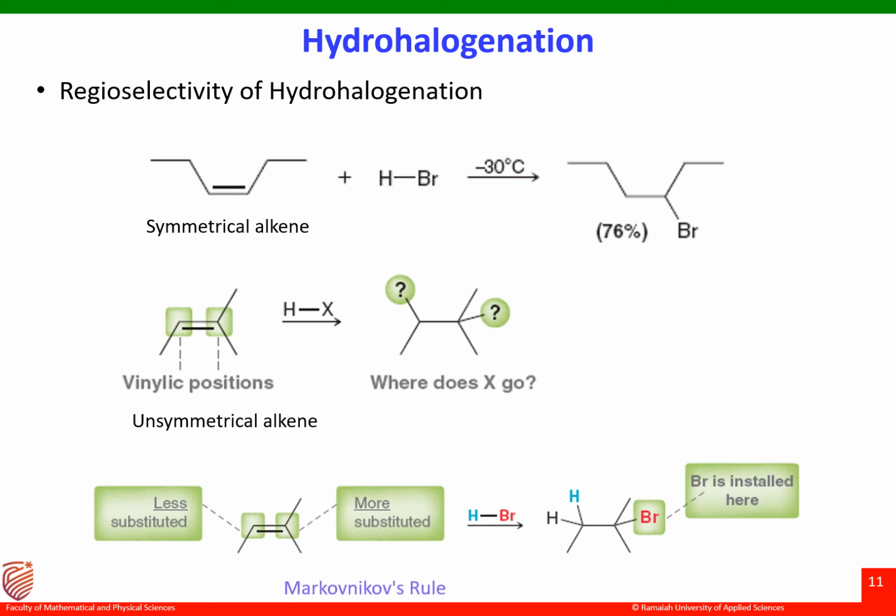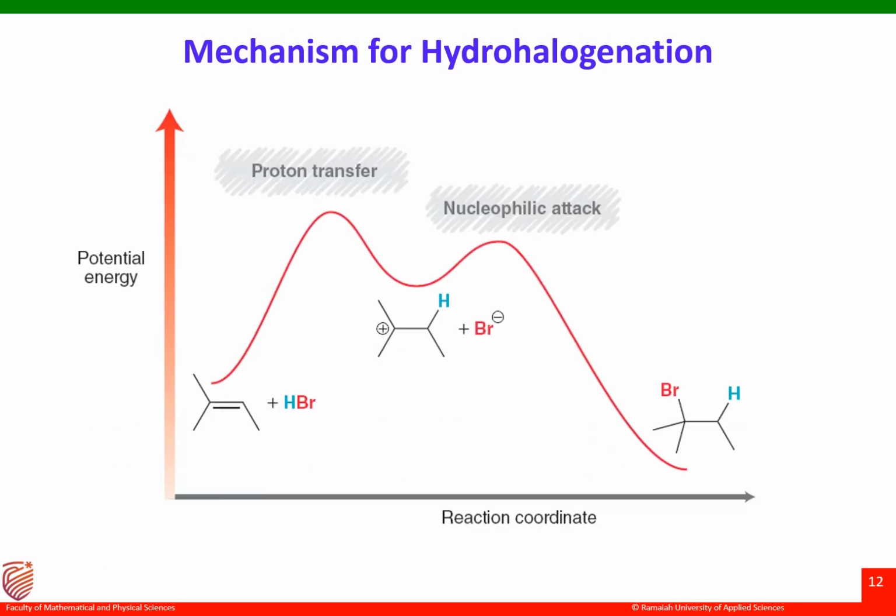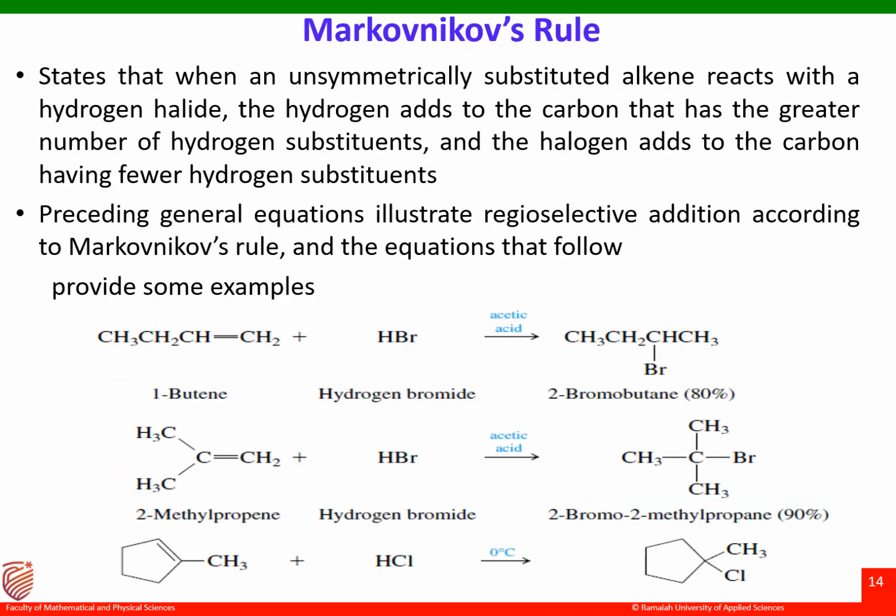According to the rule, when an unsymmetrical substituted alkene reacts with a hydrogen halide, the hydrogen will add to that carbon which has the greater number of hydrogens or fewer alkyl substituents, and the halogen will add to the carbon having fewer hydrogen substituents.